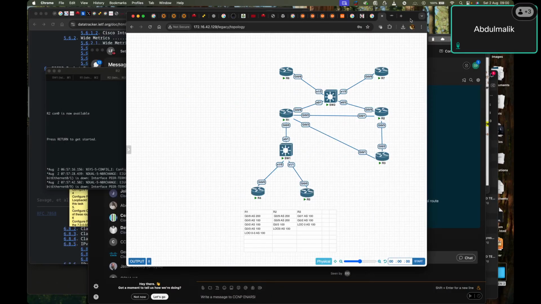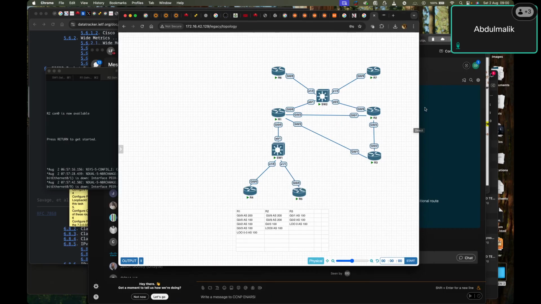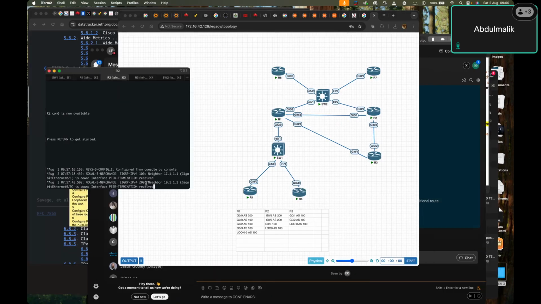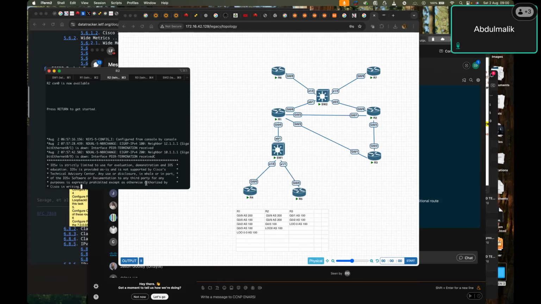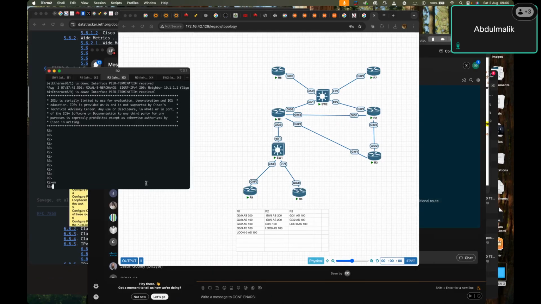So R1, R2. Okay. We are unicast. So they have a direct path to each other.